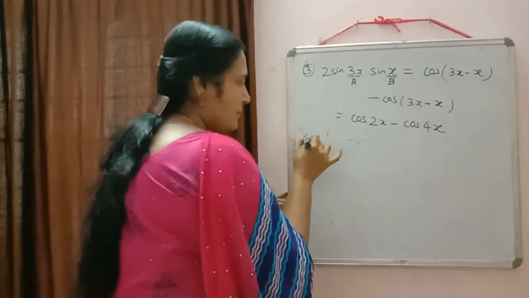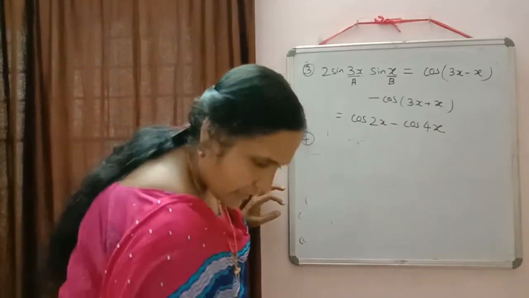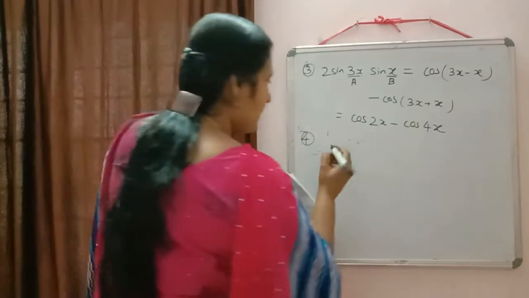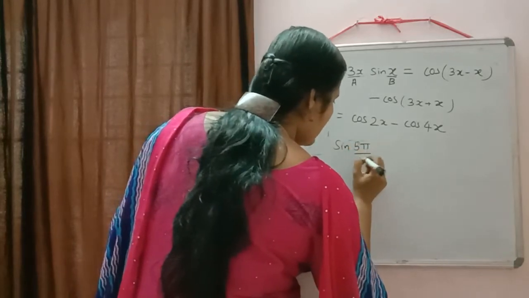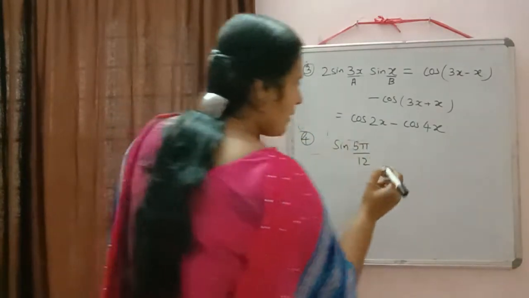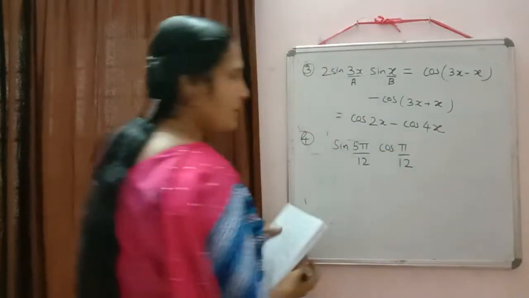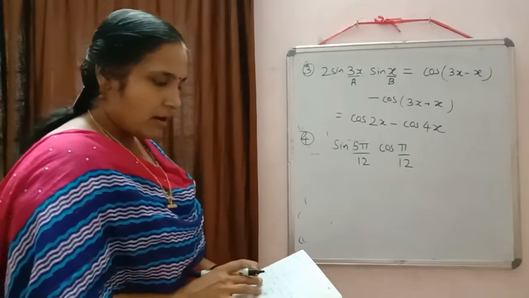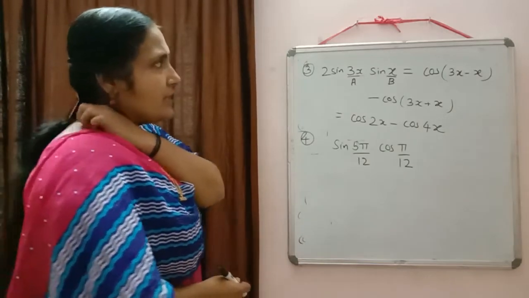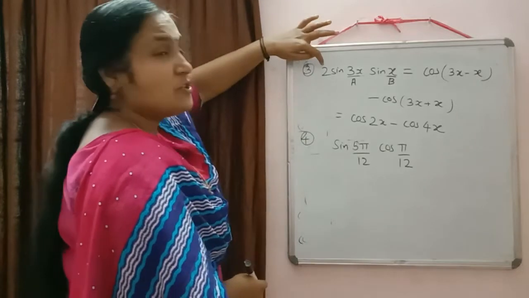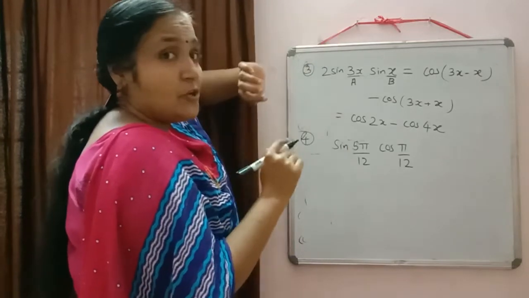Then question number 4 is sin 5π/12 into cos π/12. Again, to use the formula we need 2, because in all the transformation formulas 2 is coming here.